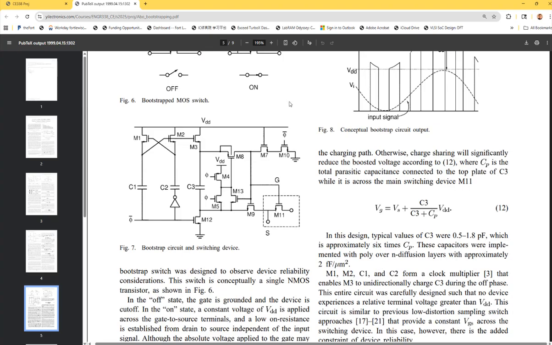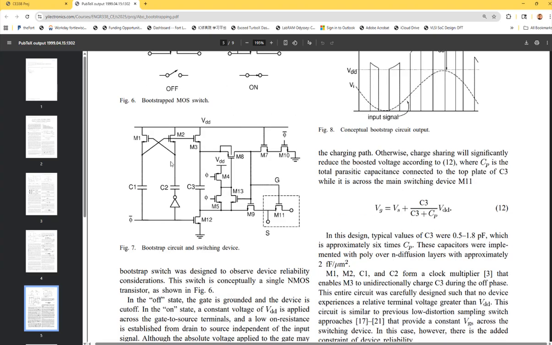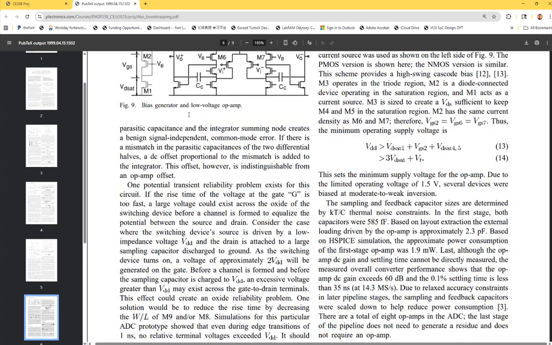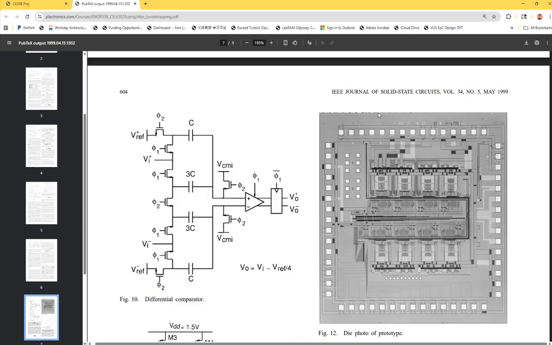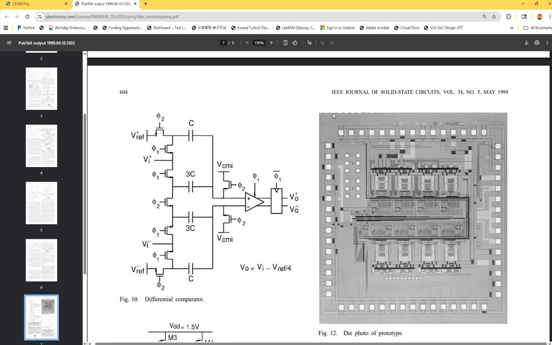Okay, for the other parts are not really different, but here is the schematic of the sample and hold circuit, and a bunch of other things as well. So this is the chip. That's a die photo. I think it's from a microscope.